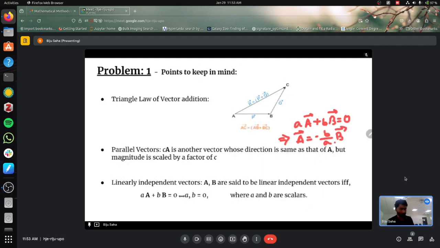But actually that cannot be the case, because we claim that both A and B have to be non-zero. When the denominator is equal to 0, this particular expression becomes undefined. So that is not a valid way to express A in terms of B, or in other words, A cannot be expressed in terms of B. So it is required that both of these conditions hold simultaneously for linearly independent vectors.